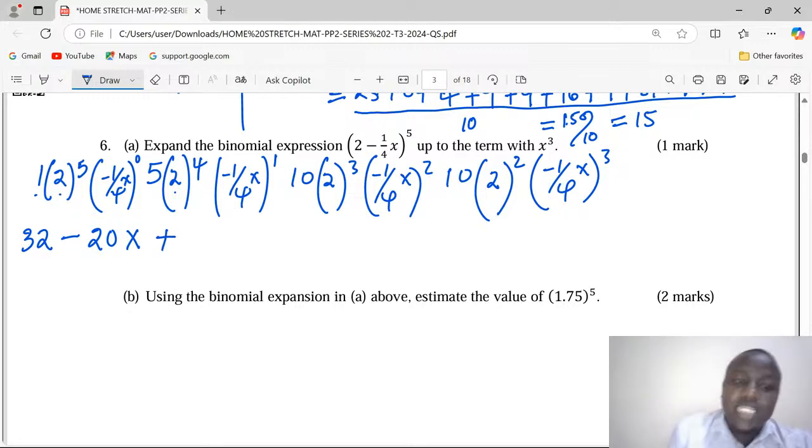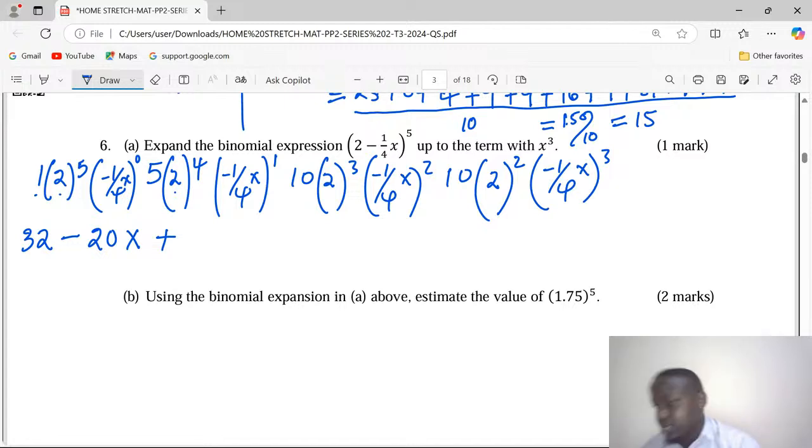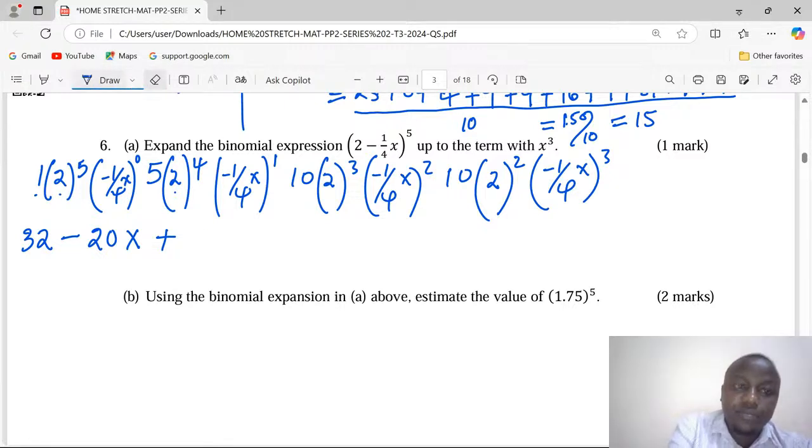The other one will automatically be positive, because negative a quarter x squared will become positive 1 over 16. So it will be 2 power 3, which is 8 times 10, 80 multiplied by 1 over 16. 80 by 1 over 16 gives us 5x squared.